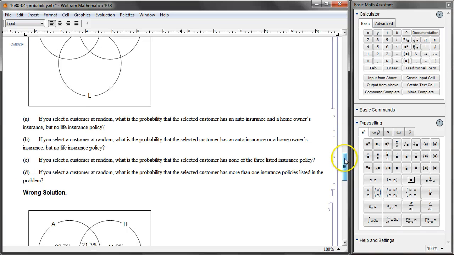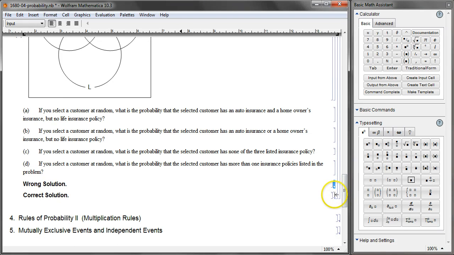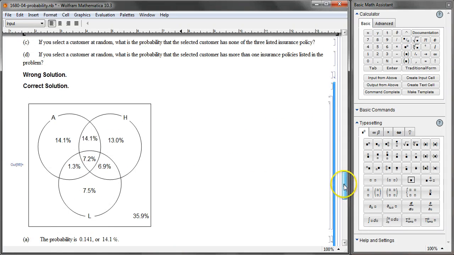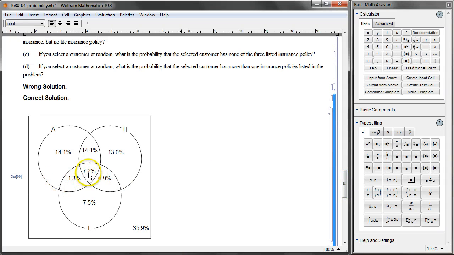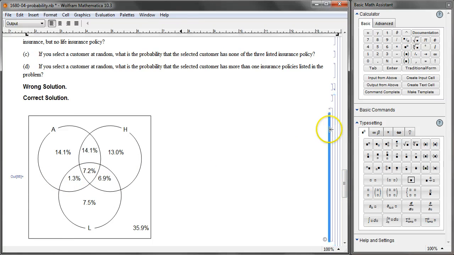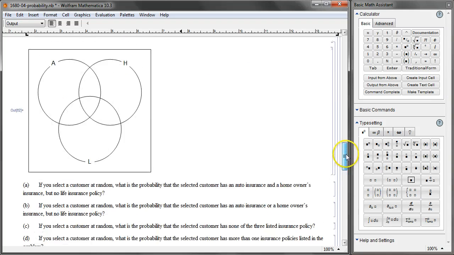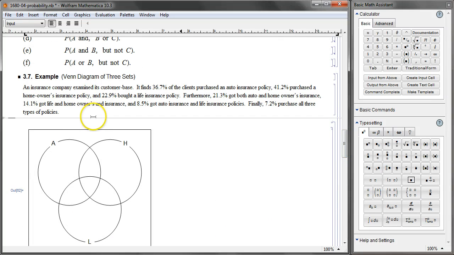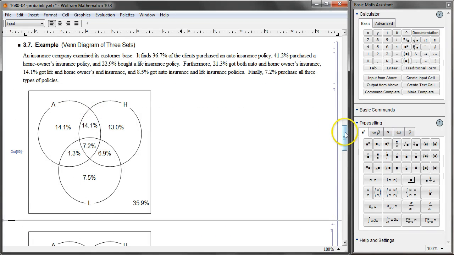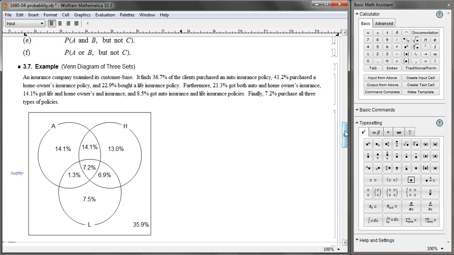And how do we correct it? Well, let's go to this correct solution and discuss that. Okay, 7.2%, right in the middle. There's no chance for exclusion, so that's right.